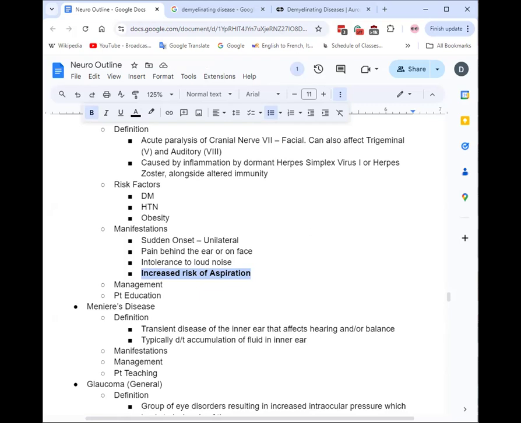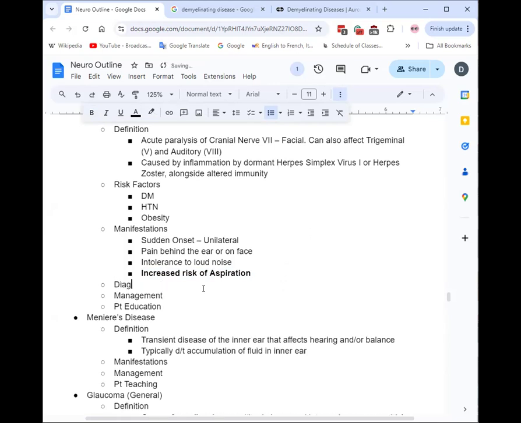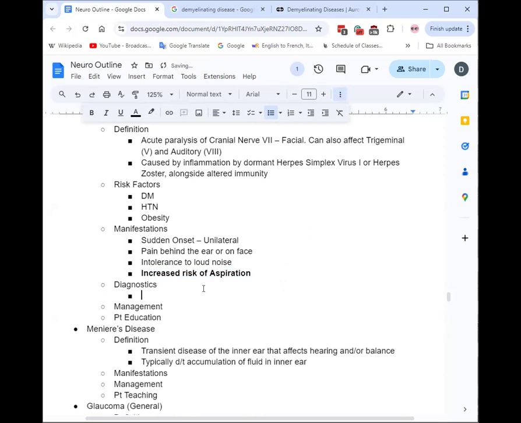Let's see here. I think a lot of your management or your diagnostics involve ruling things out. So you want to rule out neurological deficits. A lot of it is typically diagnosed from physical exam, and you're doing a bunch of tests to rule things out.